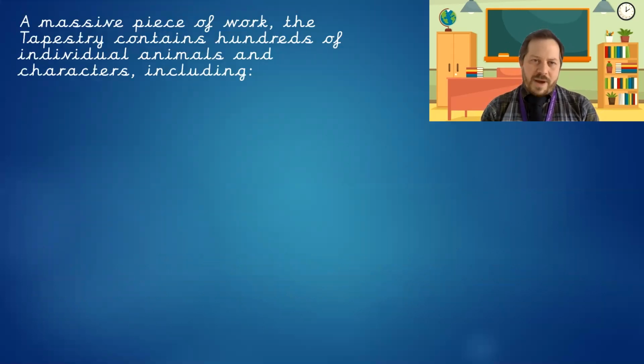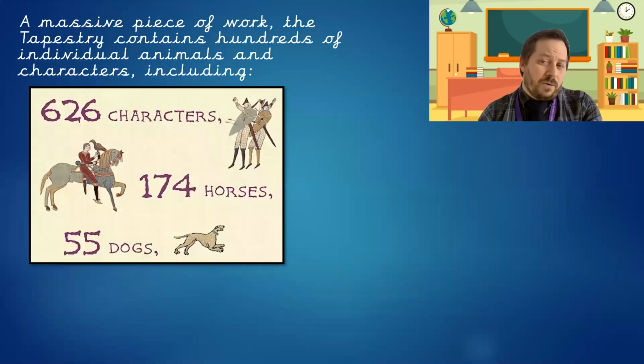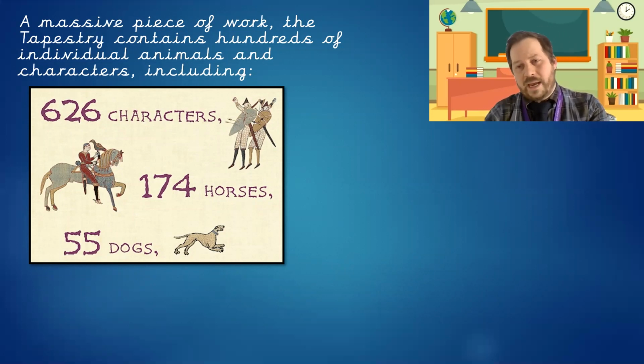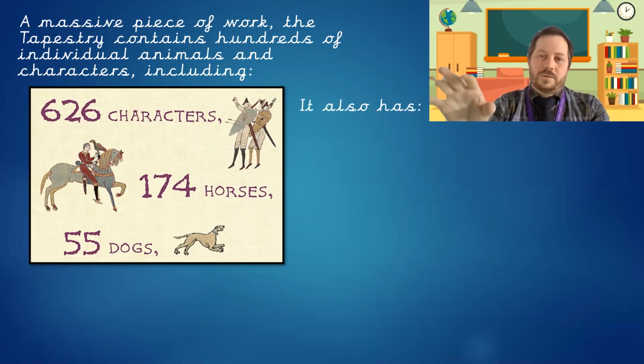So it's a massive piece of work, the Bayeux Tapestry, and it contains hundreds of individual animals and characters, including 626 characters, so people, 174 horses and 55 dogs, a lot of those either in the main scene or the tapestry around the outside edge.